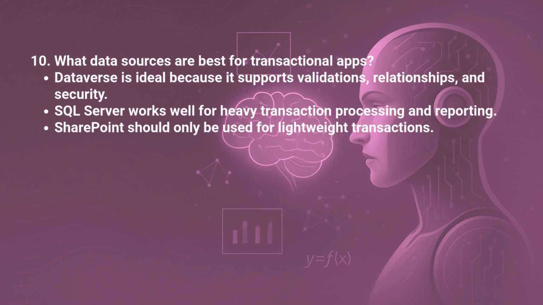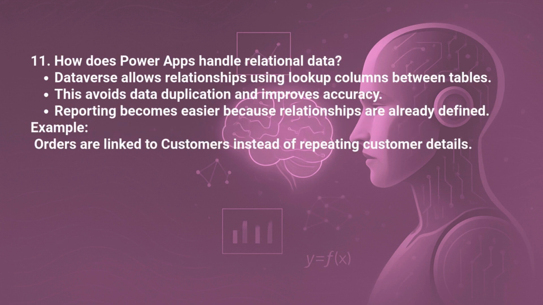10. What data sources are best for transactional apps? Dataverse is ideal because it supports validations, relationships, and security. SQL Server works well for heavy transaction processing and reporting. SharePoint should only be used for lightweight transactions. 11.